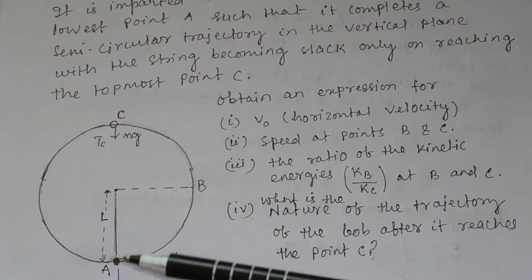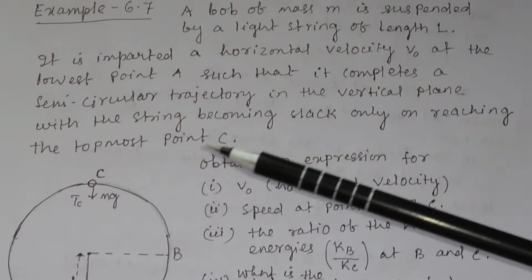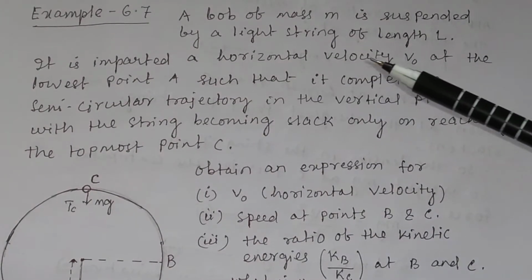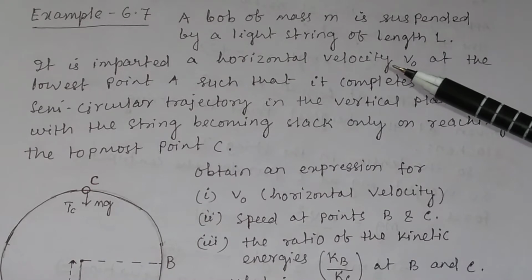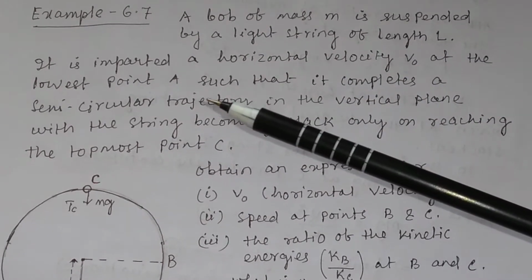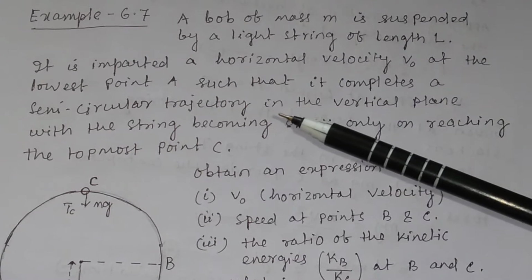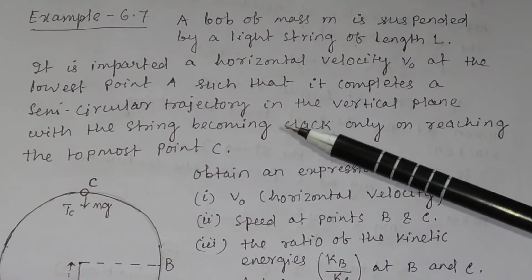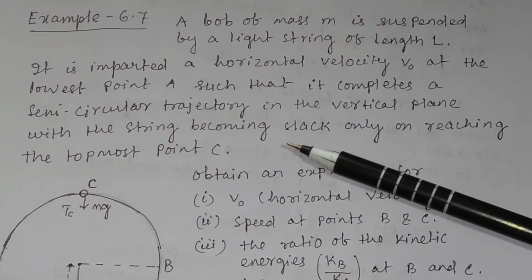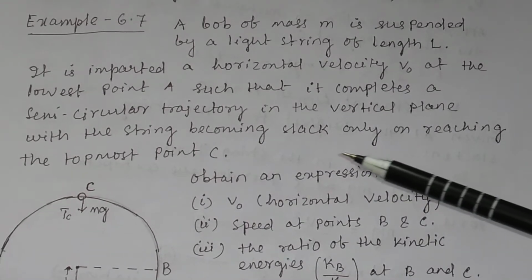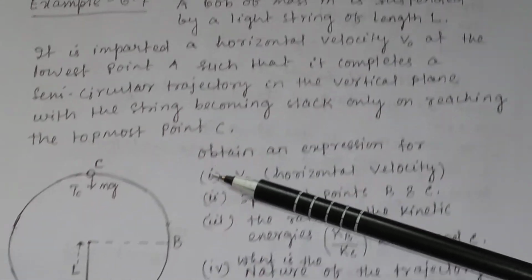The length of the string is equal to L. It is imparted a horizontal velocity v0 at the lowest point A such that it completes a semicircular trajectory in the vertical plane with the string becoming slack only on reaching the topmost point C.